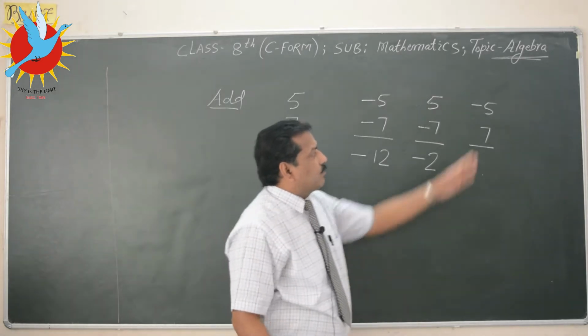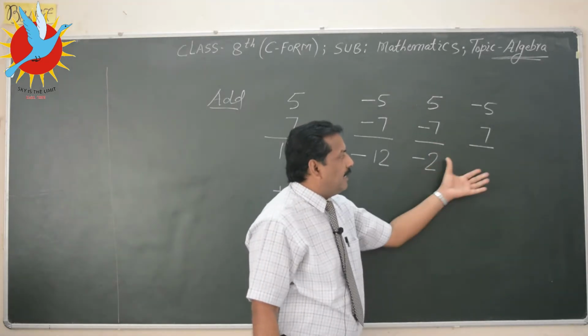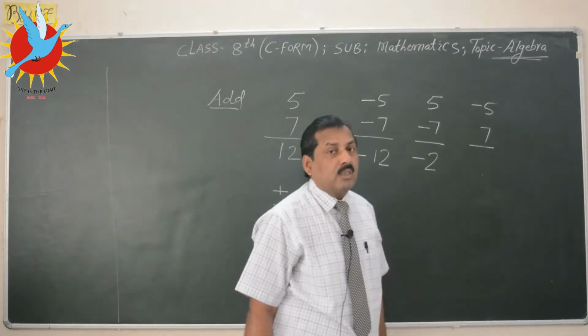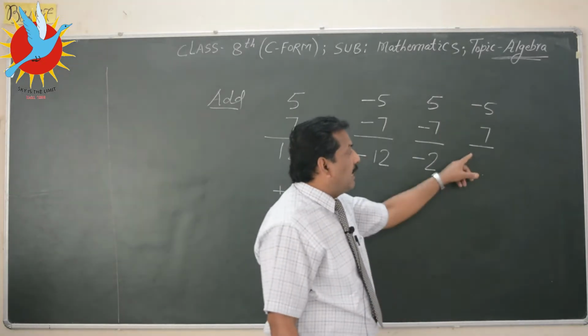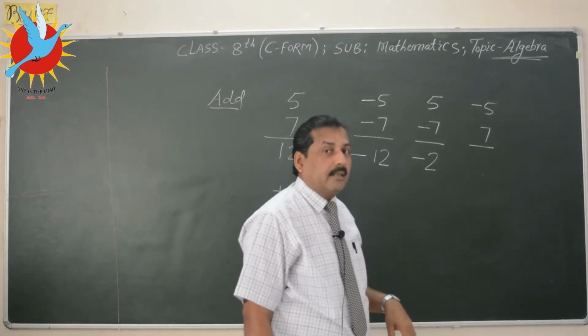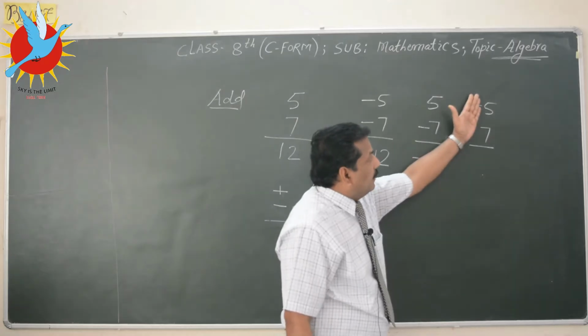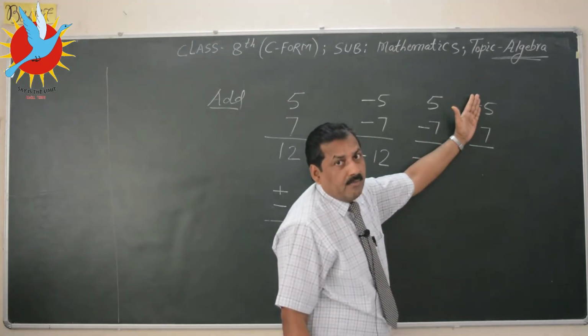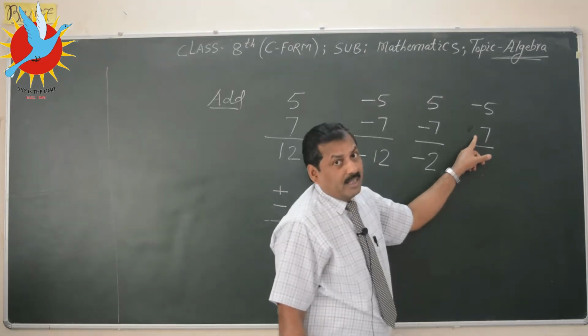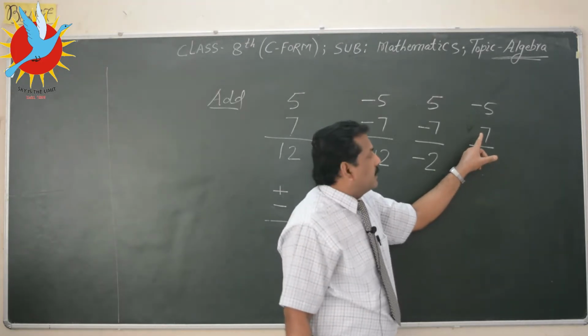What about this one? We have to apply the same set of rules. This is plus, this is minus, both are different. So what should be the sign here? We have to compare the numbers. Which number is greater? Obviously, compare without sign. So 5 and 7, 7 is greater. What is the sign of 7? Although plus is not written here, we can understand this is plus.